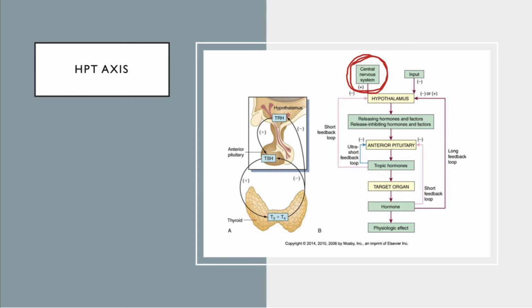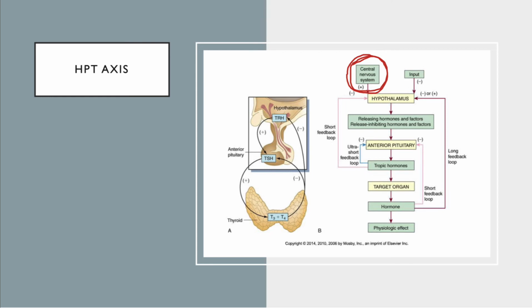Well, what we do is we have the hypothalamus and the pituitary listening, paying attention, sensing the amount of T3 and T4 that are being released. When they sense T3 and T4, then they stop producing TRH and TSH. Make sense? Then they stop producing TRH and TSH until something else happens.